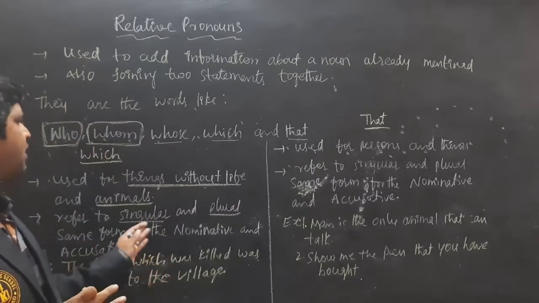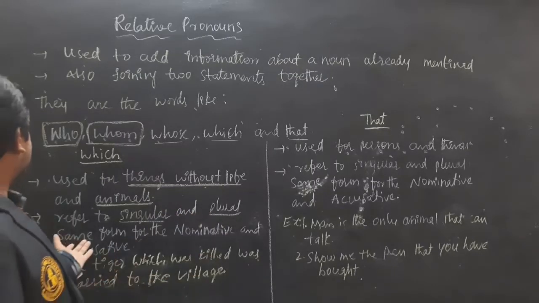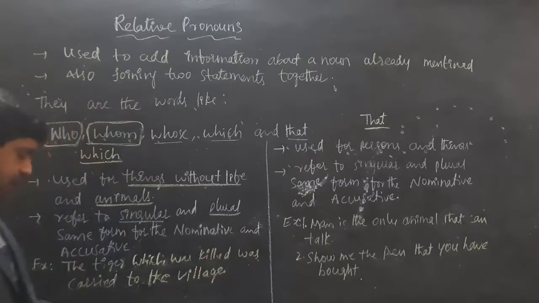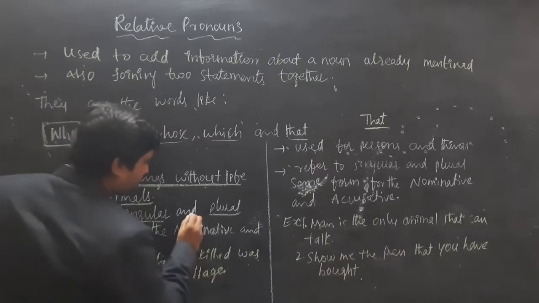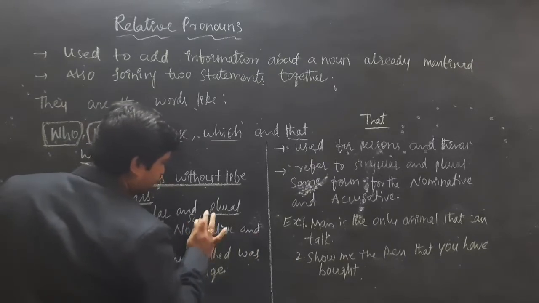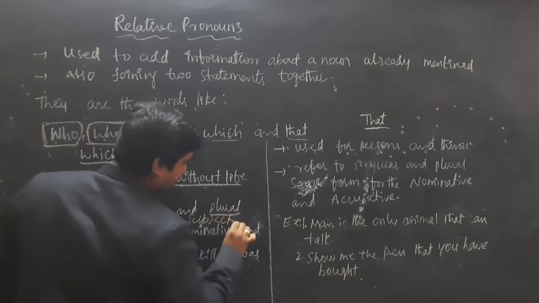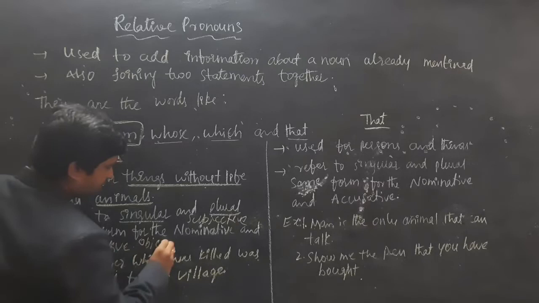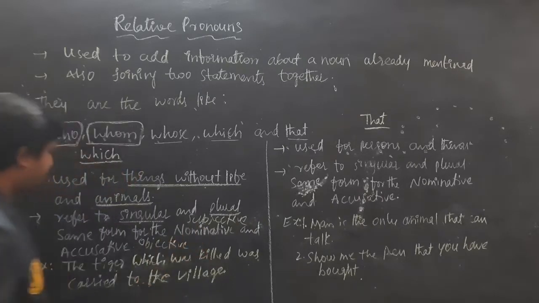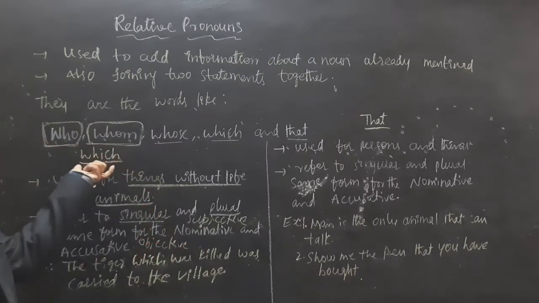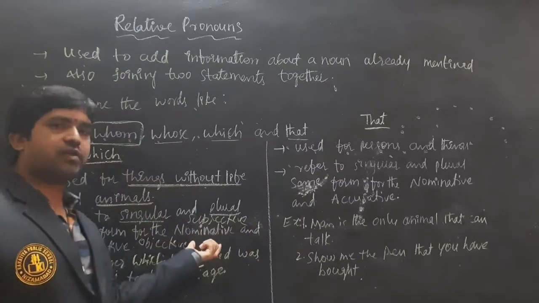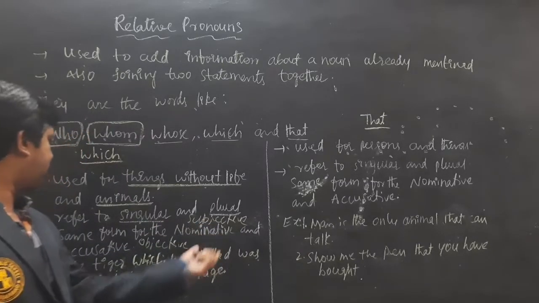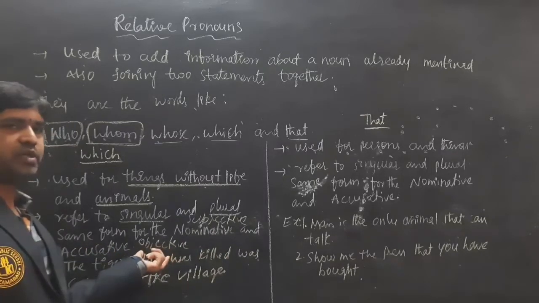Book, books: singular, plural. The form is the same for the nominative and accusative case. Nominative means subjective, and accusative means objective case. We use the same form which in the subjective and objective case.